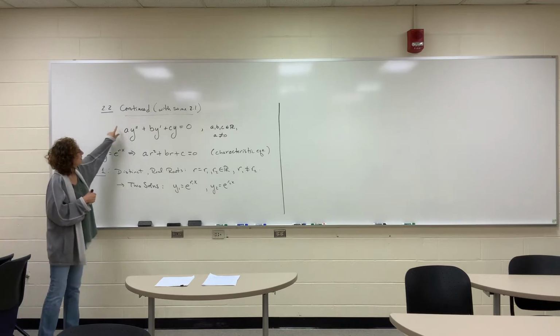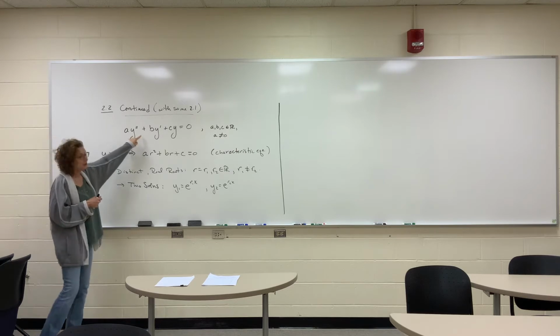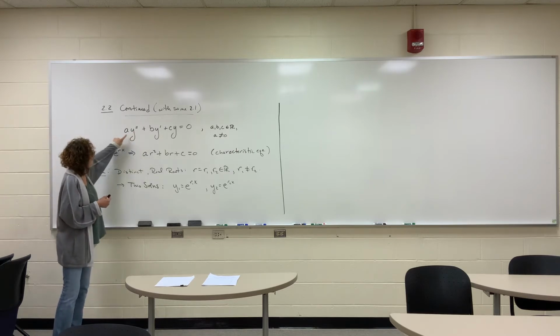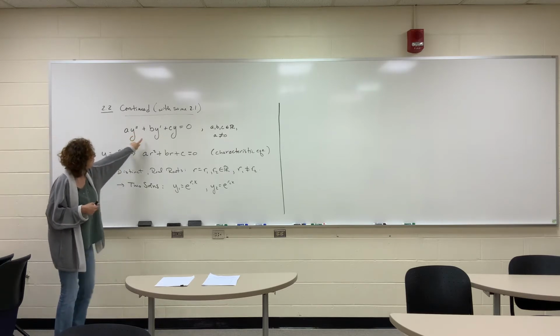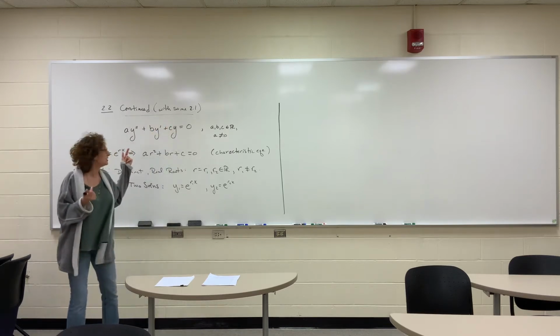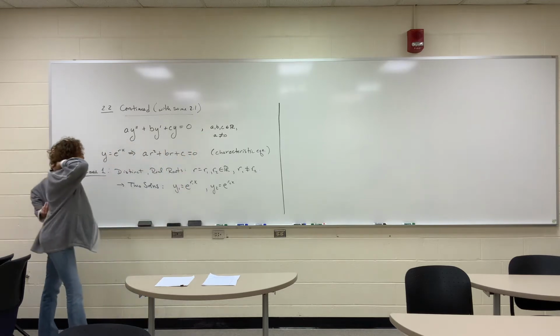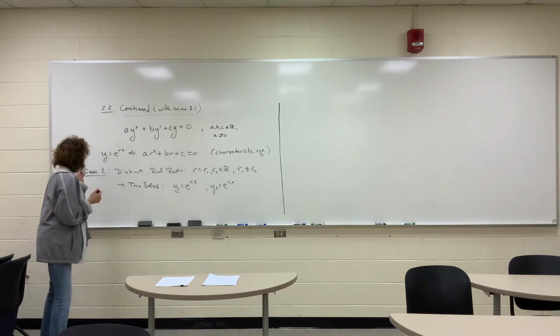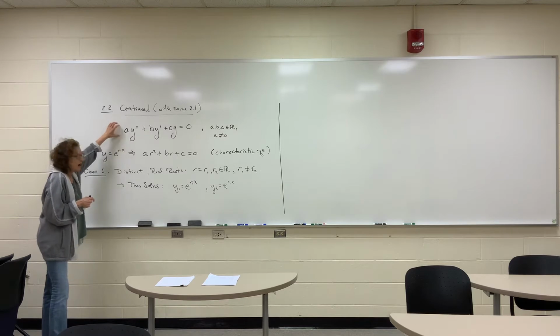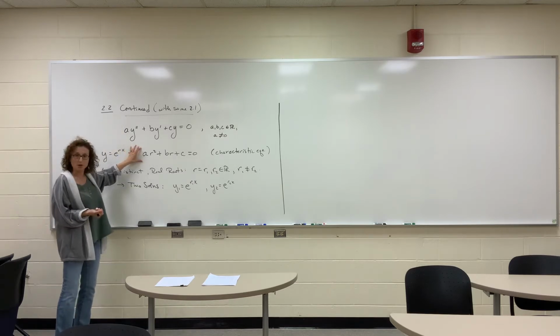That took this calculus problem, this differential equation saying, find me all functions out there in the world where the constant a times the second derivative plus the constant b times the first derivative plus the constant c times the function itself is equal to 0 for some specific constants a, b, and c, right? And we took this calculus differential equations problem and turned it into an algebra problem, right?